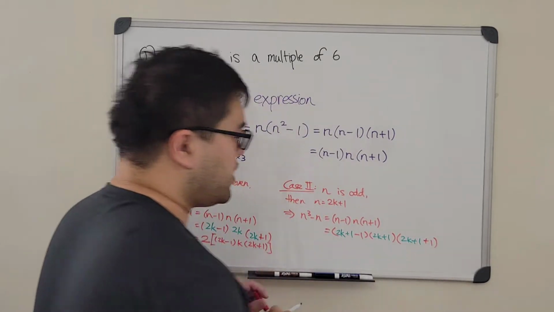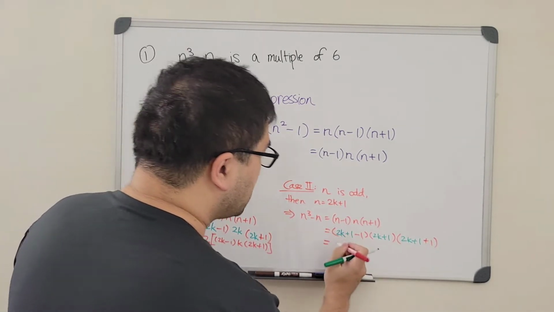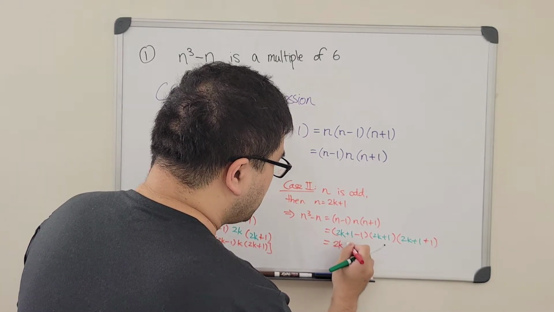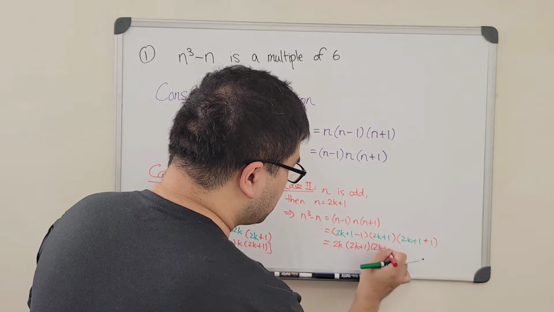And if we simplify the expression, we get 2k times 2k plus 1 times 2k plus 2.